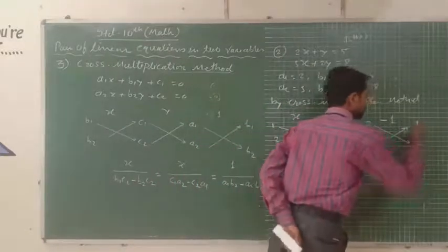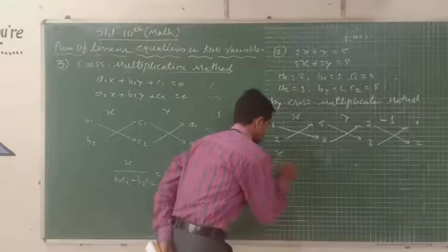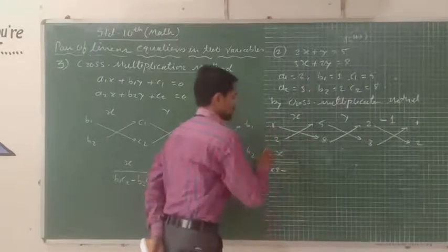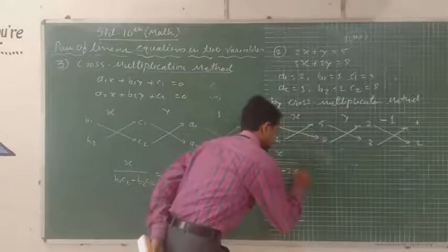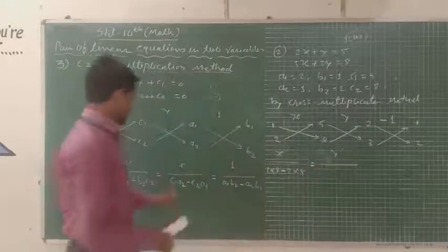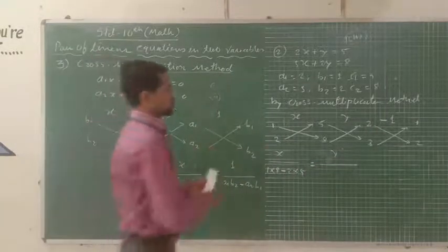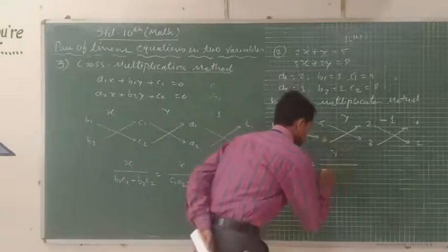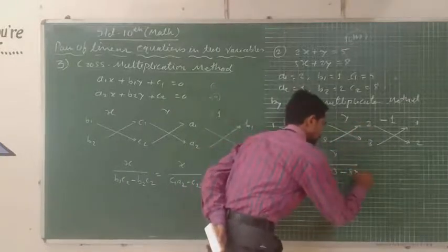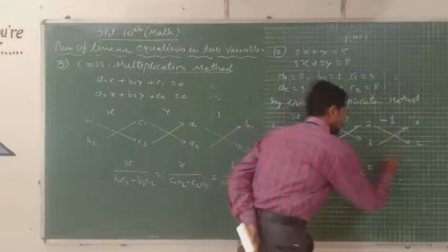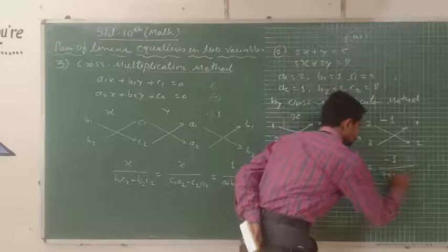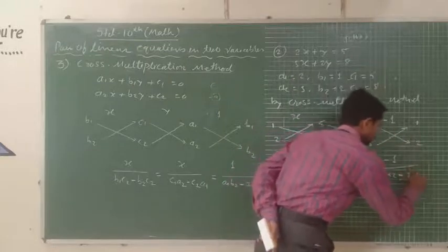Then x divided by 1 into 8 minus 2 into 5 is equal to y divided by c1 into a2, that is 5 into 3 minus 8 into 2, is equal to -1 divided by 2 into 2 minus 3 into 1.